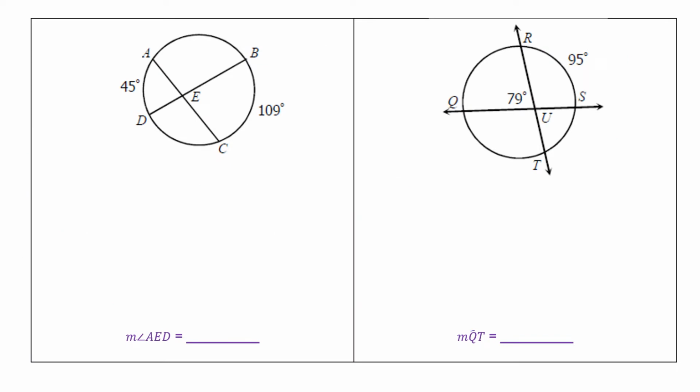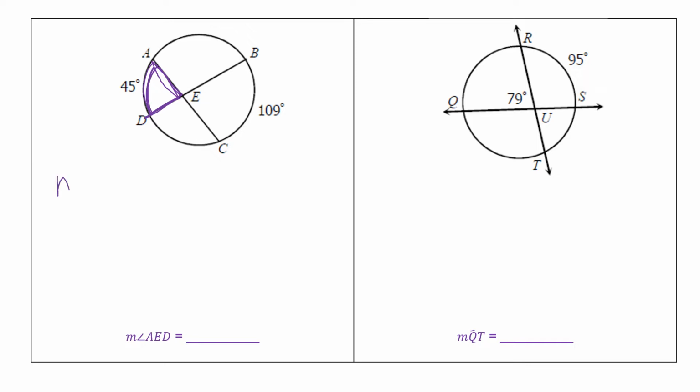All right, in our first example, we are looking for the measure of angle AED. So AED, start at A, go directly to E, and then go to D. Its intercepted arc is AD, which is 45 degrees.